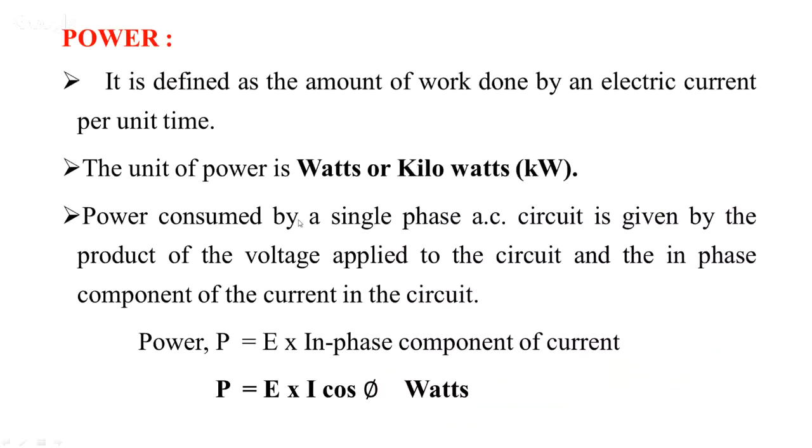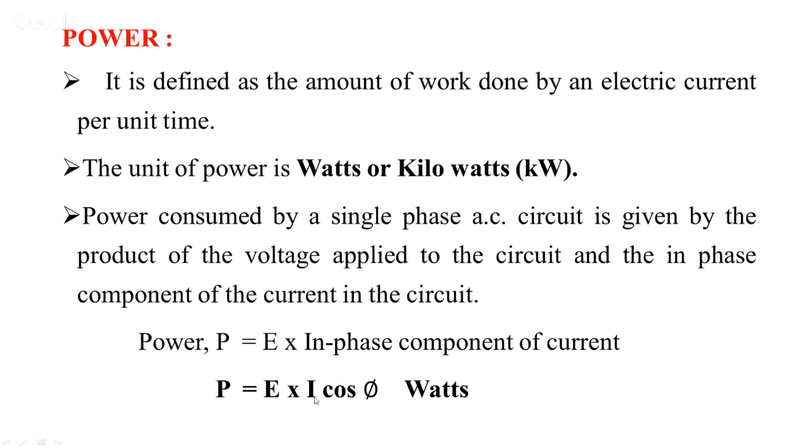Power consumed by a single phase AC circuit is given by the product of the voltage applied to the circuit and the in-phase component of the current in the circuit. So here power is equal to E into the in-phase component of the current, that is, power equals VI cos phi.